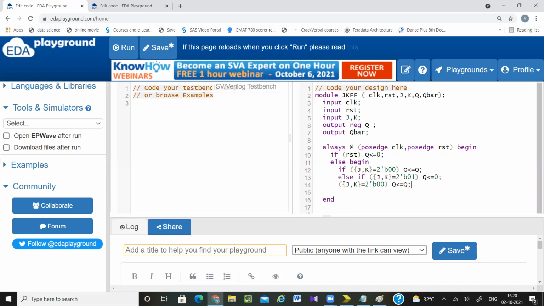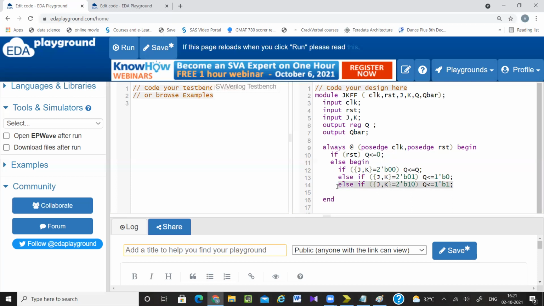Next, else if 1, 0, output equal to 1. So I can write 1 tick b 1 also. That means 1 bit.